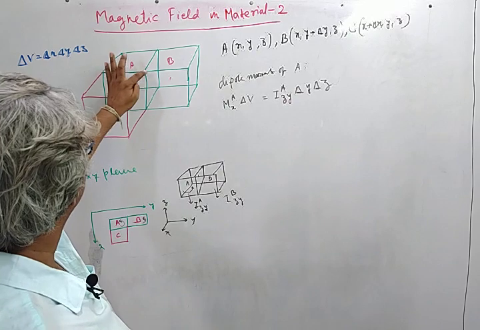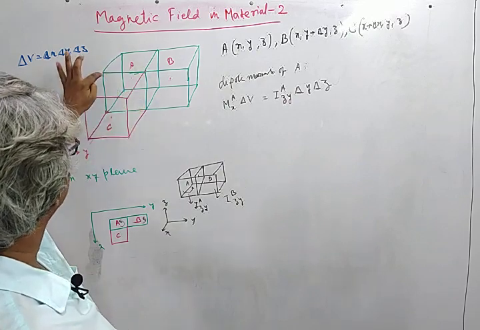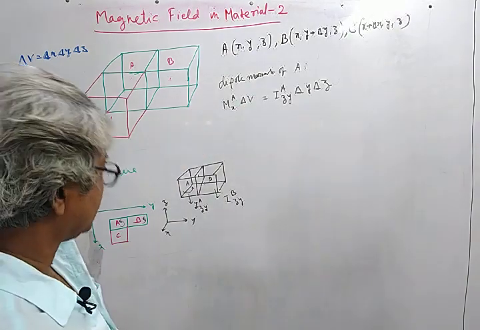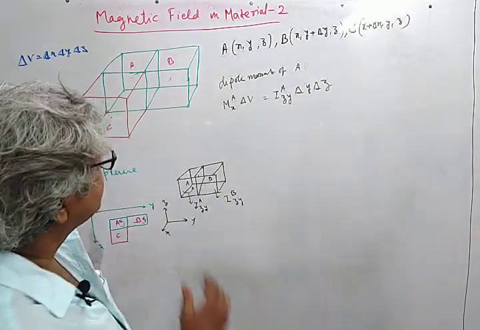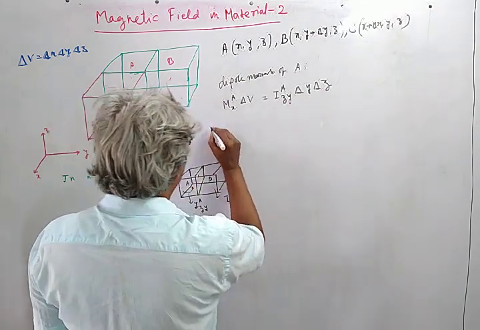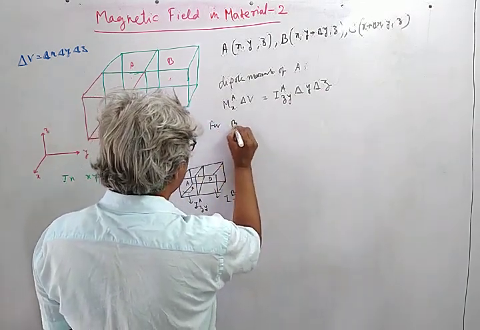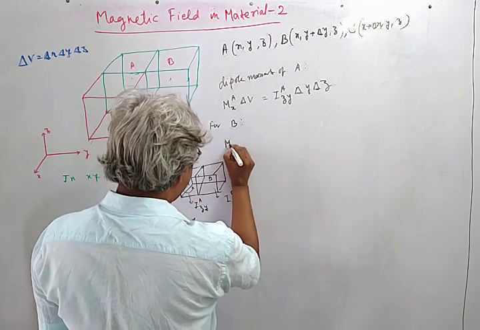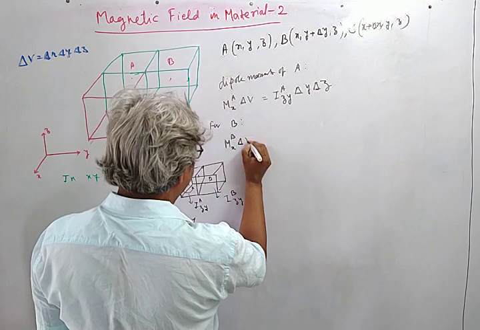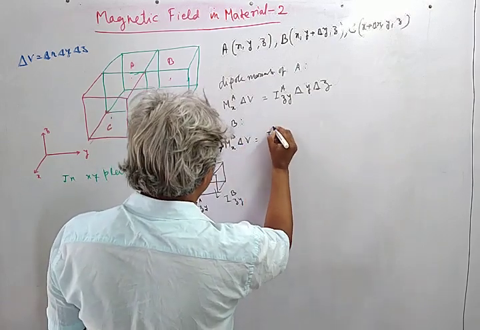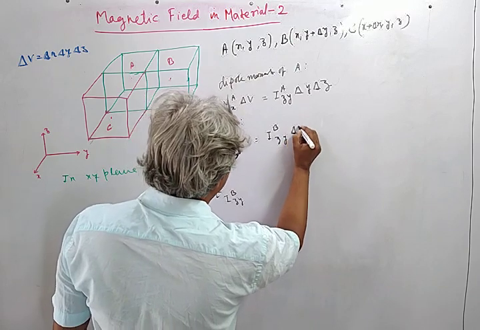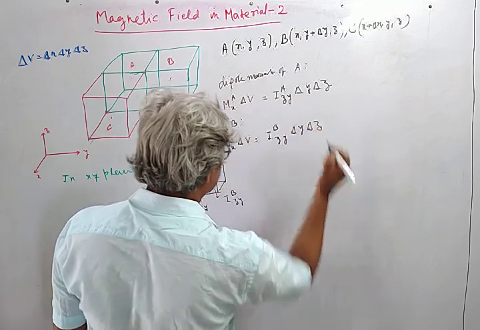The area that is of relevance is delta y delta z. Similarly, for B we will have m_x at B delta V equal to I_B,ZY delta y delta z.